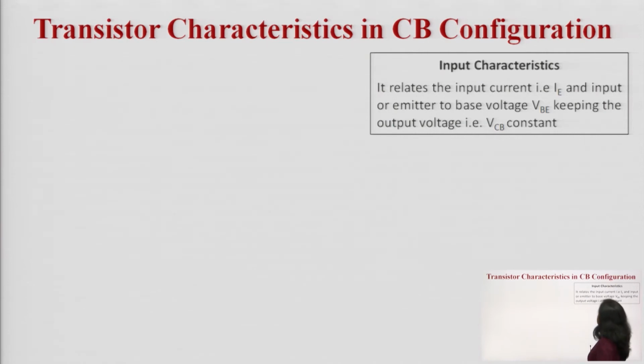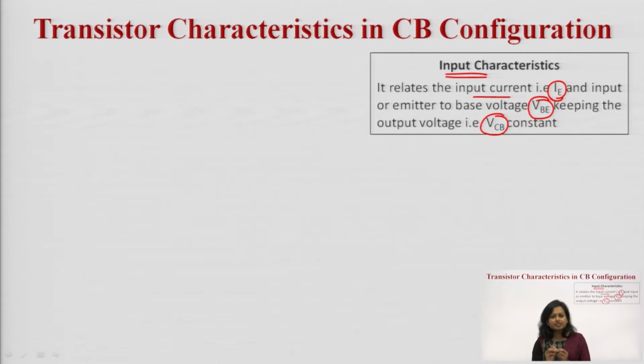Now, first let us draw the input characteristic curve. What do you mean by the input characteristic curve? Recall that particular section. Input is in between emitter and base. So the input characteristic relates the input current, what is the input current? IE, and the input emitter to base voltage, VBE, by keeping the output voltage constant.